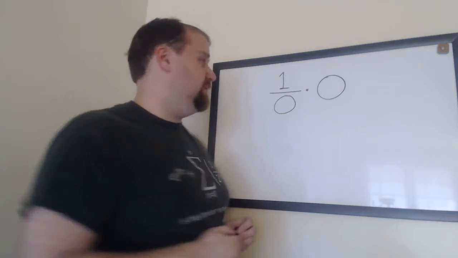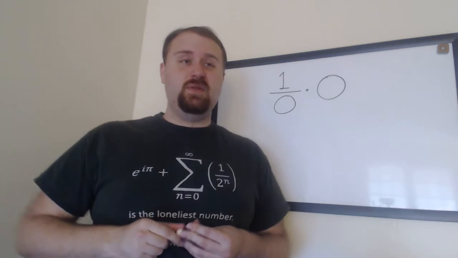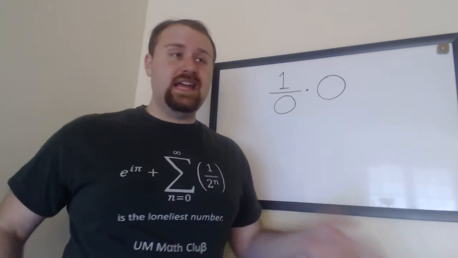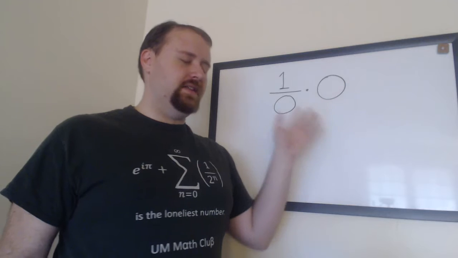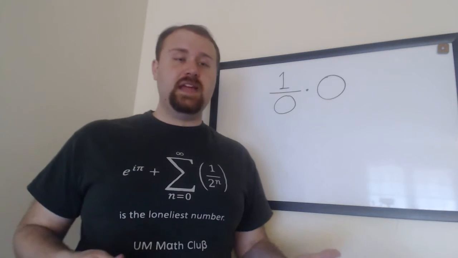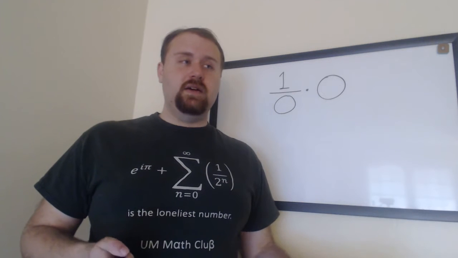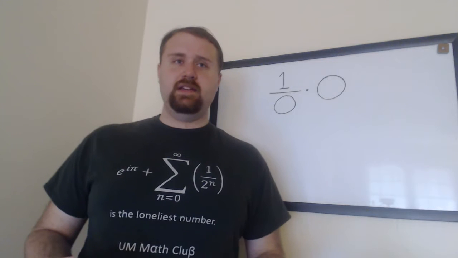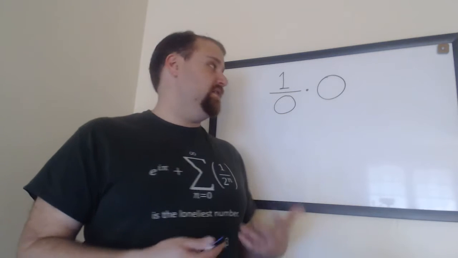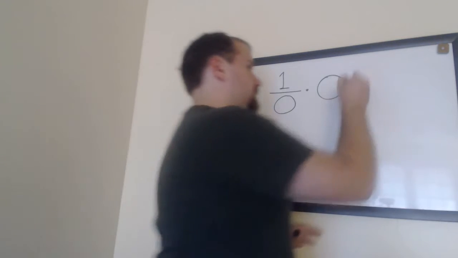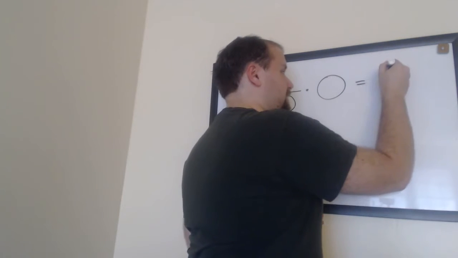Well, there's two answers, and they're both, in a way, equally valid. Normally, I know that anything multiplied by 0 is 0. Multiplication is like adding groups. If I have 0 groups of something, I don't have anything, then logically I should have nothing. I should have 0. So this has to be 0.